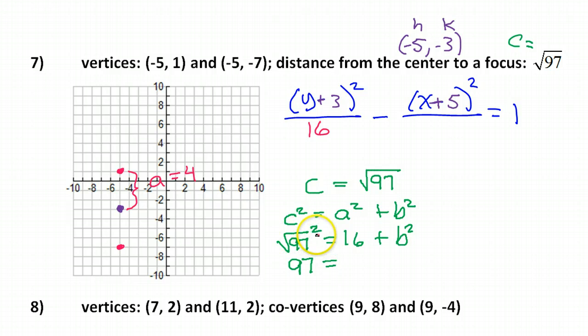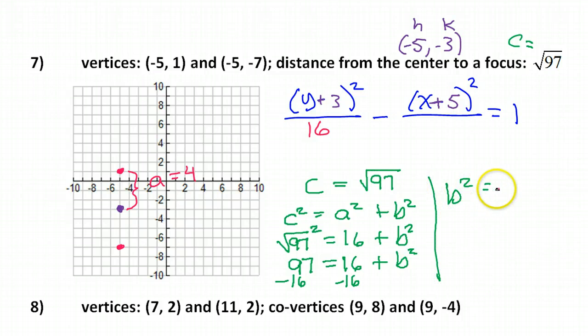The radical and the square cancel each other out. So I have 97 equals 16 plus b squared. If I subtract 16 from both sides, that gives me b squared is equal to 81. That goes right here. Please notice that we will not take the square root. We want b squared, so we just leave it as 81.